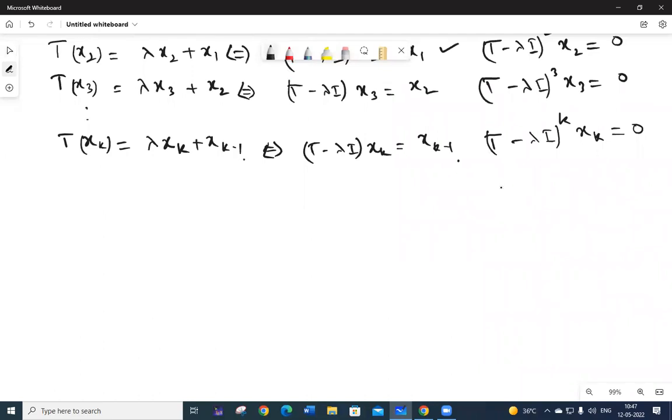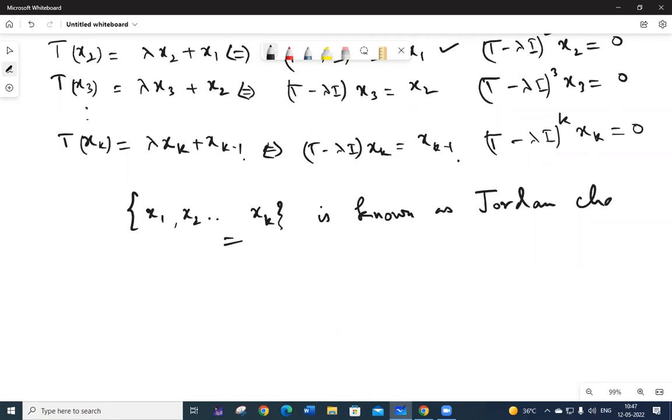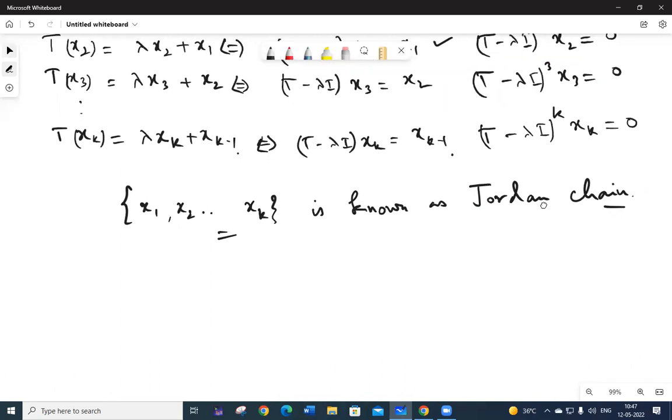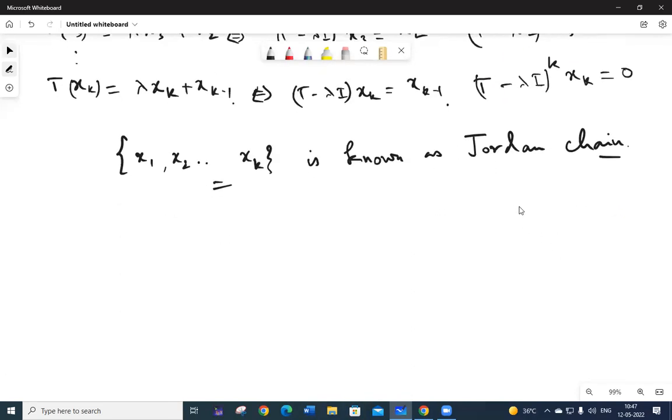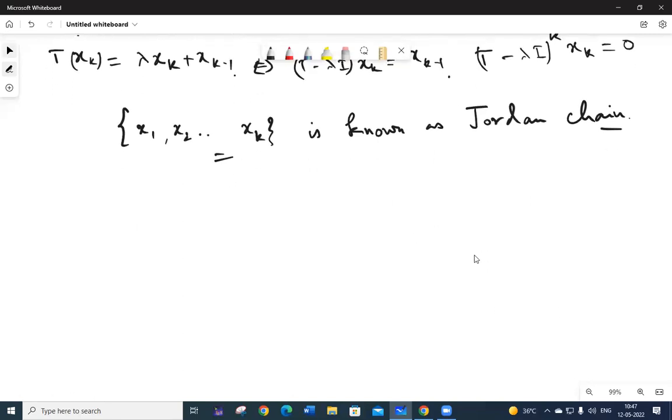So the collection of such non-zero vectors which satisfy these relations is known as a Jordan chain. We are going to prove that every triangulable T can have a matrix that is a Jordan matrix.